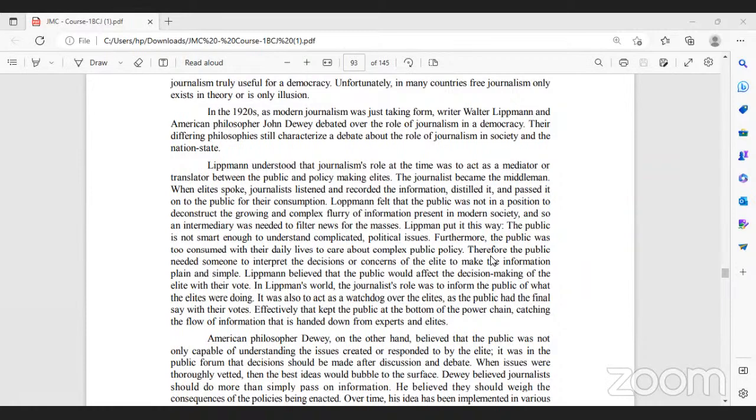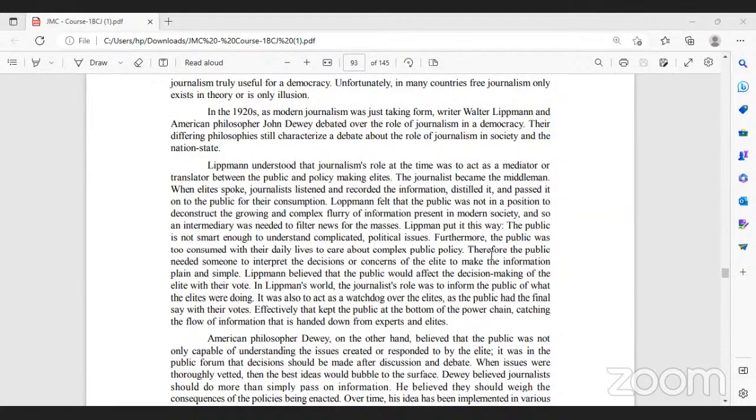The journalist became the middleman. When elites spoke, journalists listened, recorded the information, distilled it, and passed it on to the public for their consumption. Lippmann felt that the public was not in a position to deconstruct the growing and complex flurry of information in modern society.